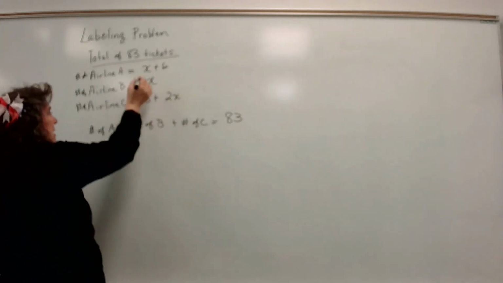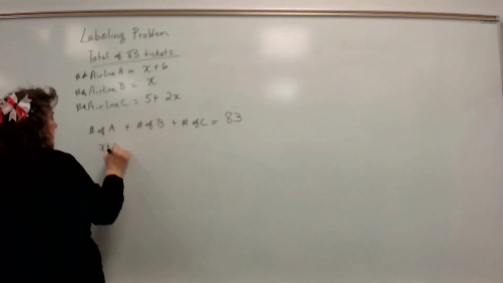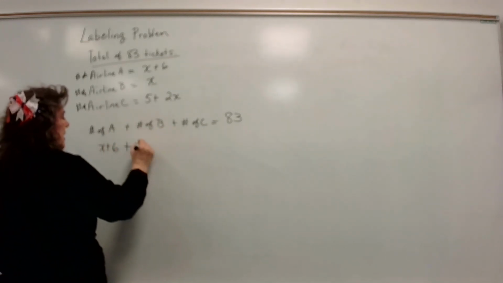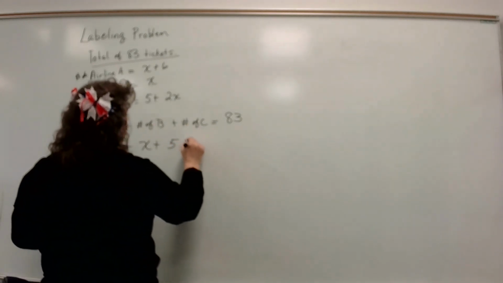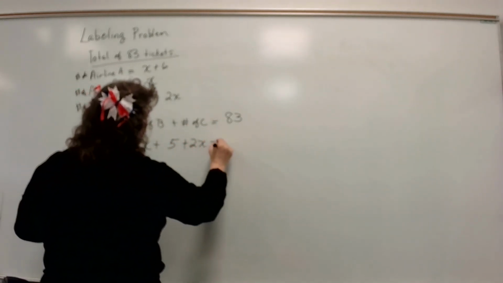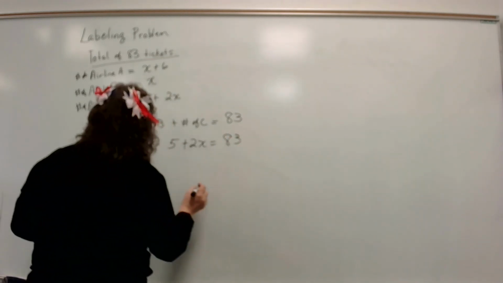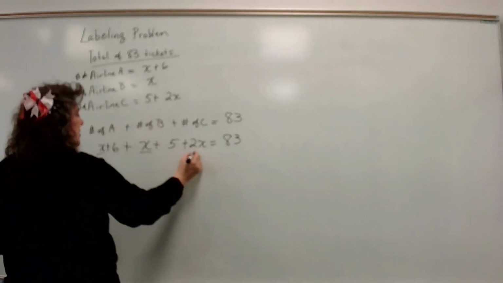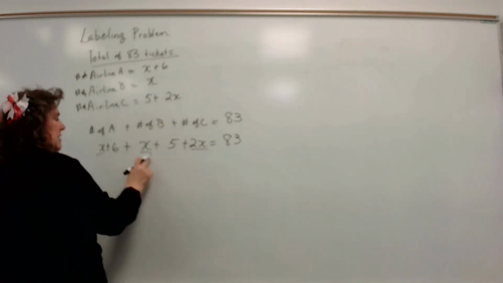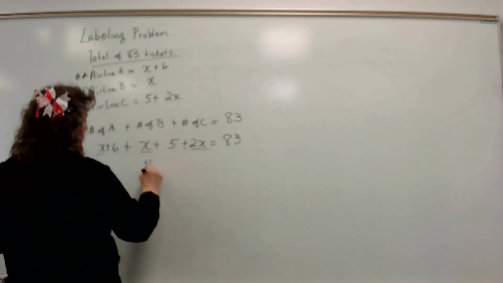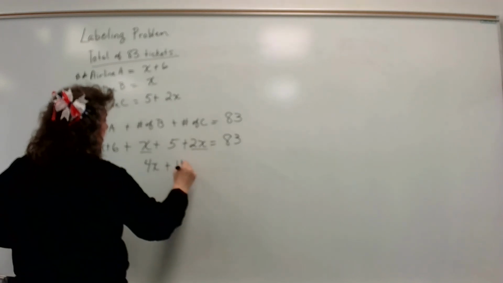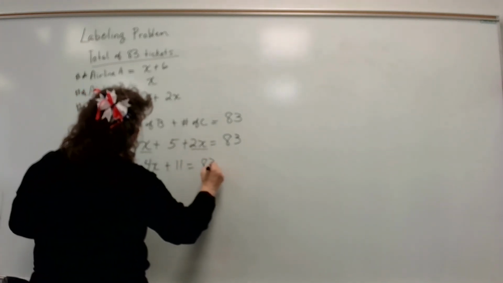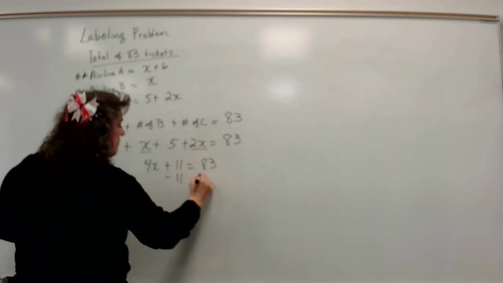Number of A is X plus 6. The number of B is X. And the number of C is 5 plus 2X equal to 83. Combine your like terms. X plus X is 2X, and 2X plus 2X is 4X. 6 plus 5 is 11, is equal to 83. Solve your equation.